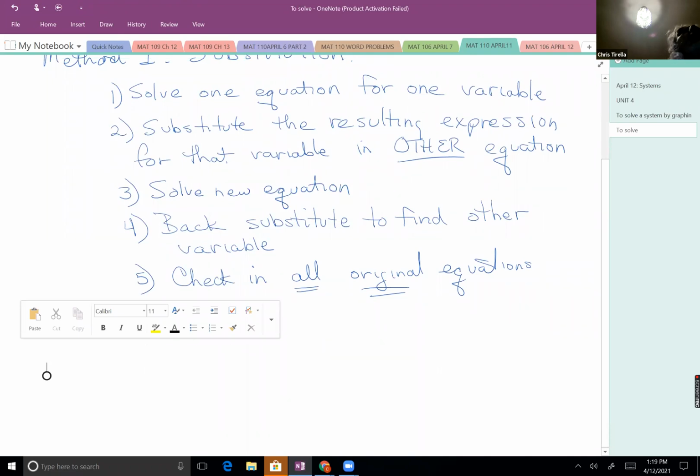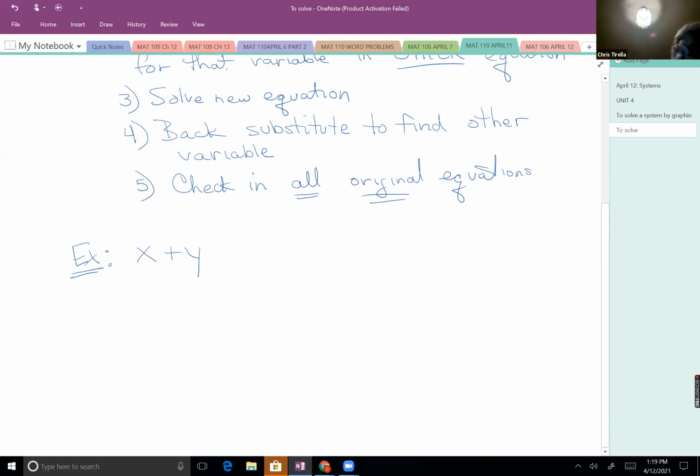Are we ready for an example, or do you guys need me to hold off for a second? Not hearing any concerns. We're going to start with a real simple example. x plus y equals 6 and y equals 2x.